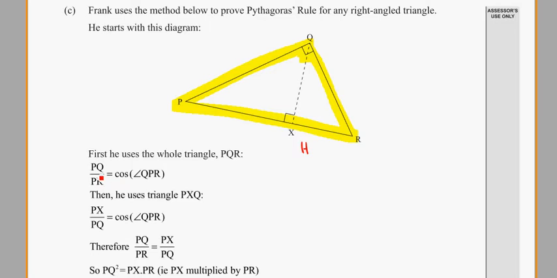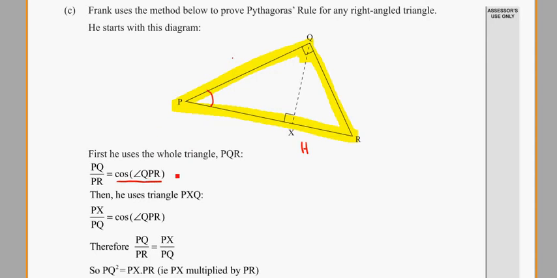Right. I prefer to read this bit first and understand that. Cos of angle QPR. So QPR is this angle, and it tells me that the cosine of that angle, if that's the angle we're talking about, equals PQ, which is this side, divided by PR.